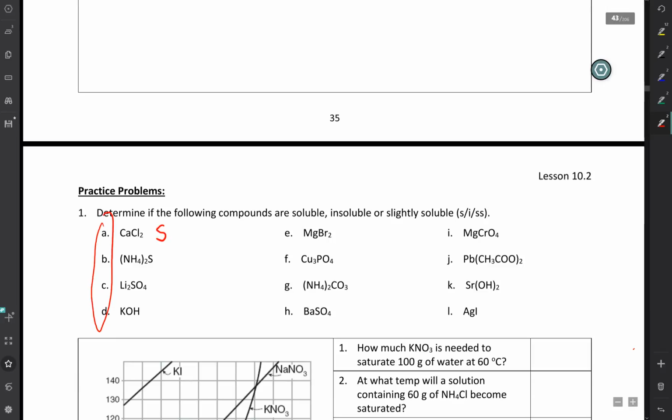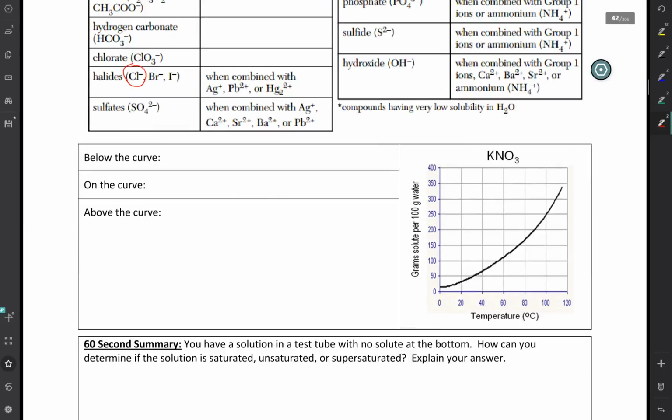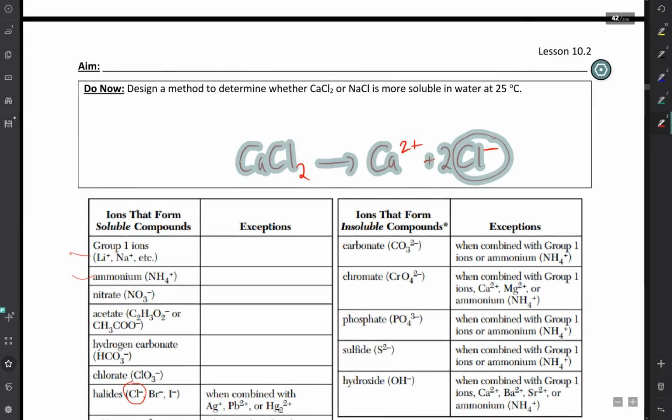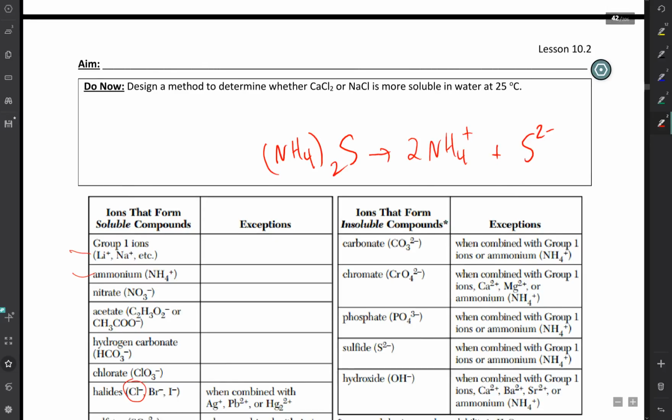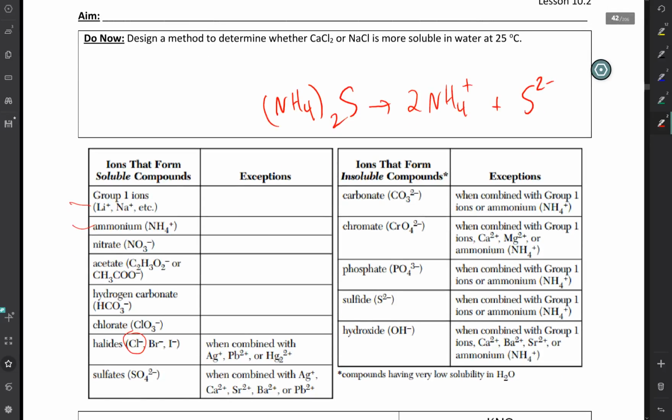I can do the same thing for (NH4)2S. Ammonium sulfide. If it is able to dissolve, it's going to make 2 ammonium ions and a sulfide ion. I'll start with my anion again.